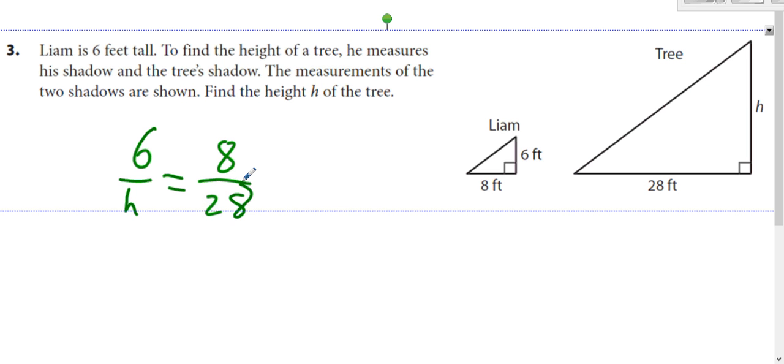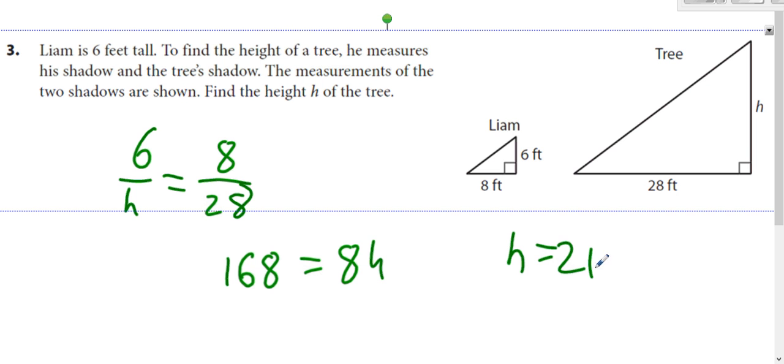Six times 28 is 168, equals 8h. And we get the height is 21. Since we're measuring in feet, that's 21 feet.